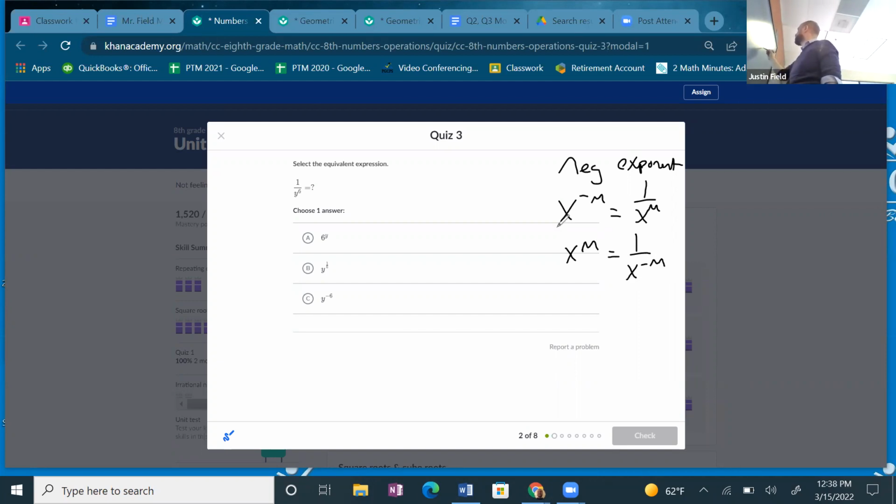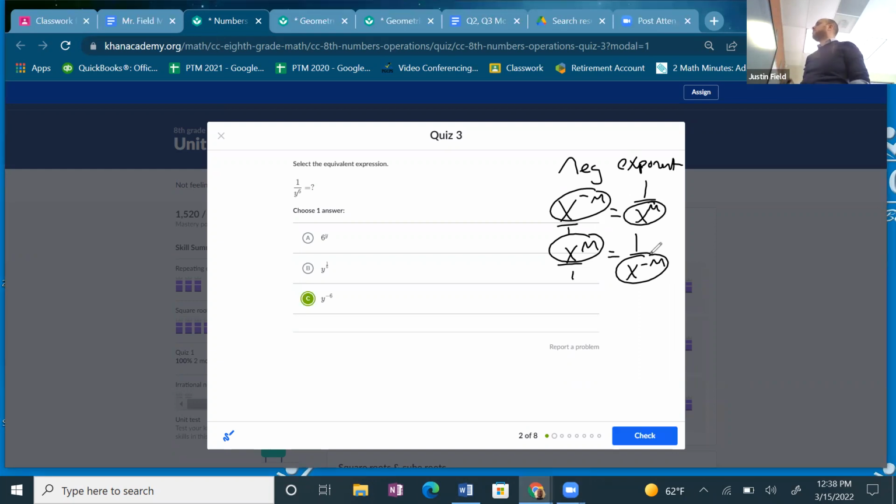We could even put this over 1. If it's negative in the numerator, it's positive in the denominator. If it's positive in the numerator, it's negative in the denominator. And you can move the terms from one spot to the other. So 1 over y to the 6 is equal to y to the negative 6.